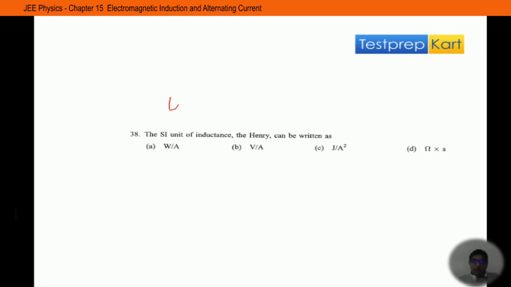Energy is equal to half L i square; there is one formula, 1 by 2 L i square.